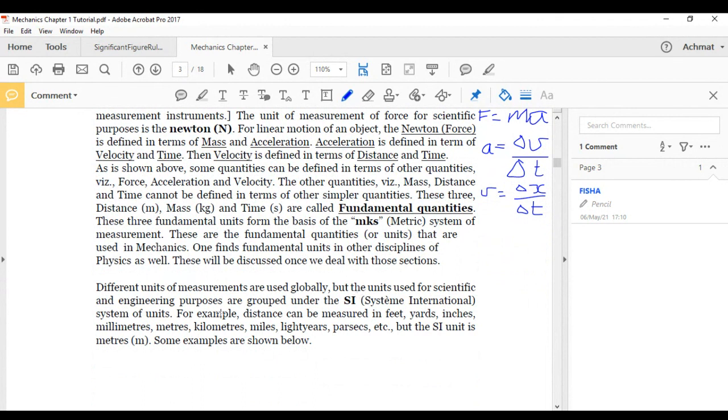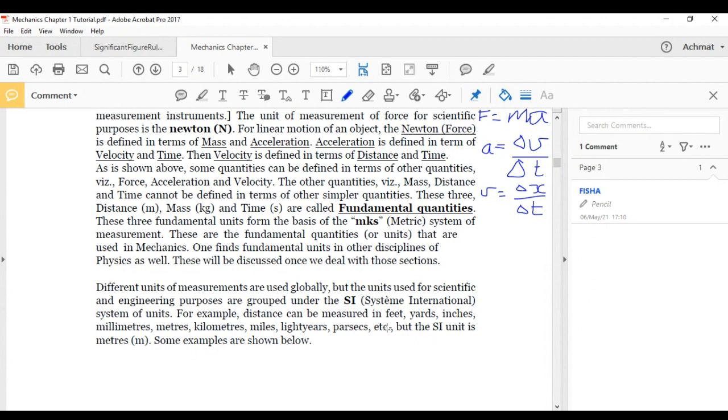But for science and for us to be able to communicate with people in other parts of the world, the engineers and the scientists have decided to use what we call SI units. The SI means System International, which means it's an internationally accepted system of units. And whenever scientists and engineers want to communicate with each other, they use SI units.